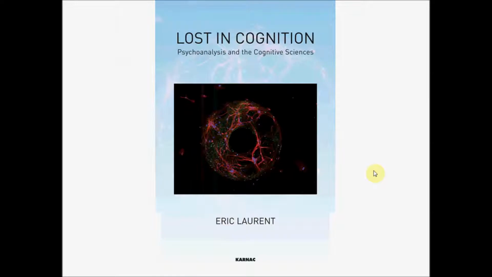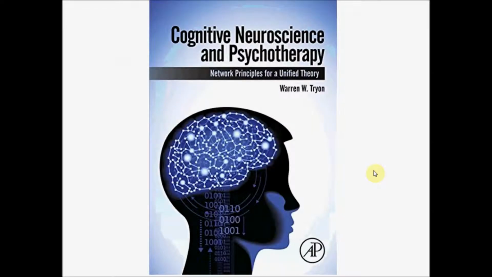If you want the opposite point of view, then Eric Lawrence's book is very interesting, in which he puts forward many arguments against cognitive science and against the notion of some kind of cognitive neuropsychotherapy. On the other hand, Warren Treon has just released a very large, compendious book illustrating how network principles, which of course arise from cognitive neuroscience, can be used to explain lots of psychotherapy findings and put forward a unified view again of psychotherapy.